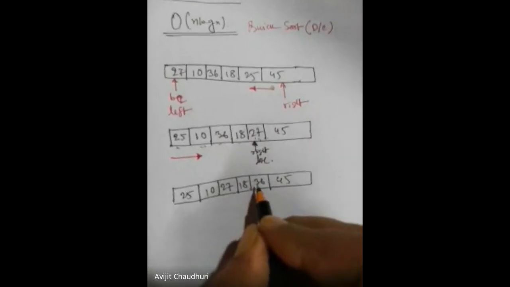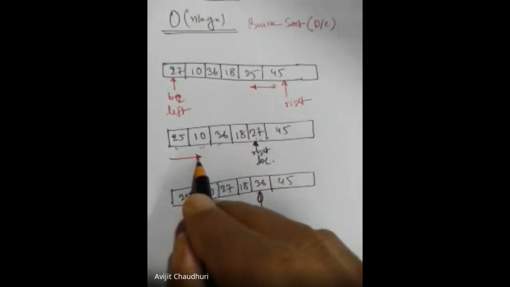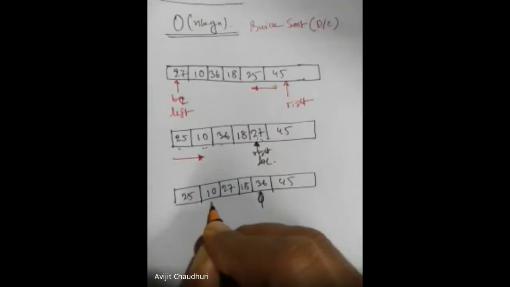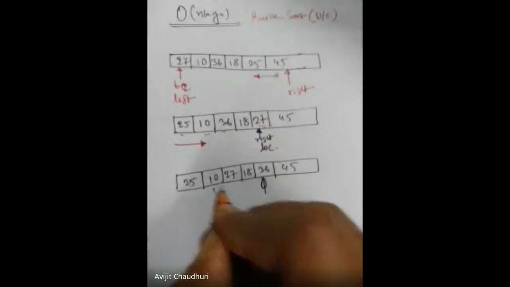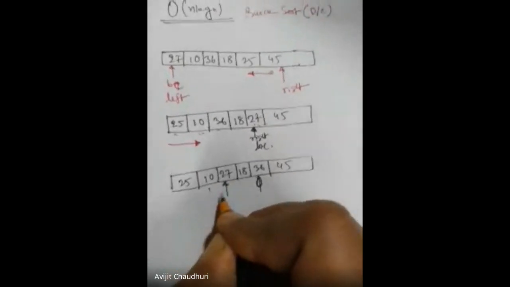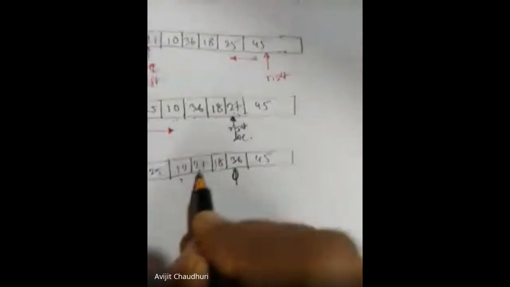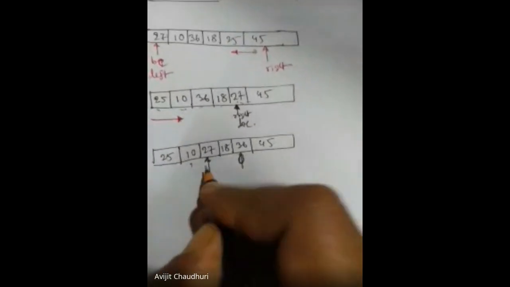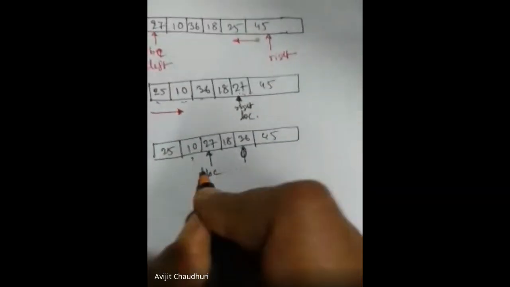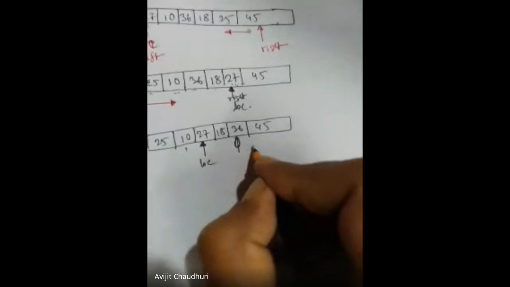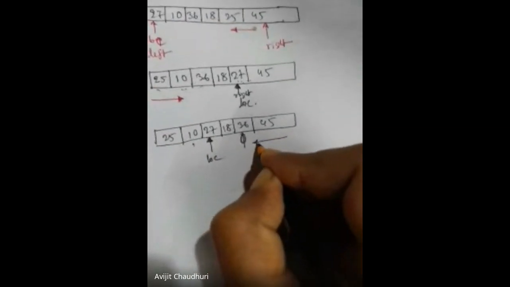Now the pointer comes over here. Sorry, 27. This will be fixed always. 27 is the location, so it will be fixed. So with 27, again we will scan from right to left.